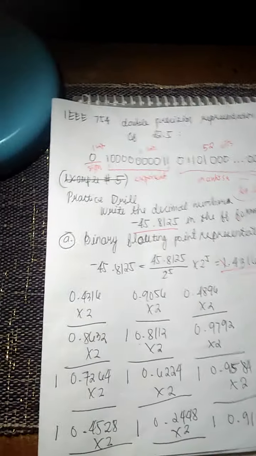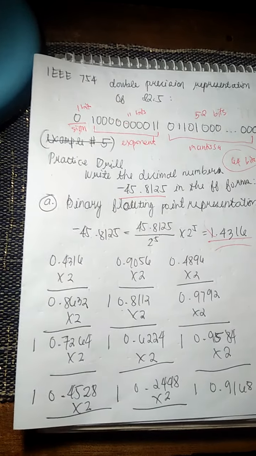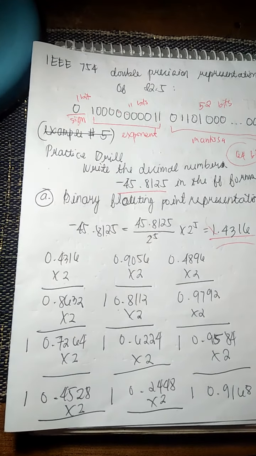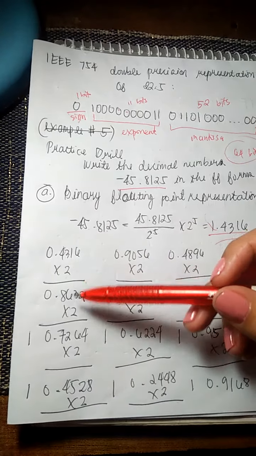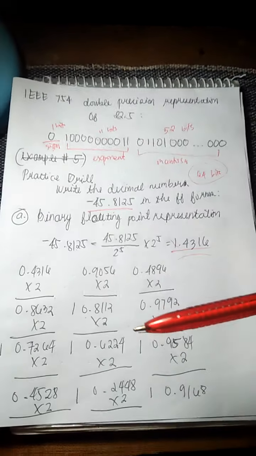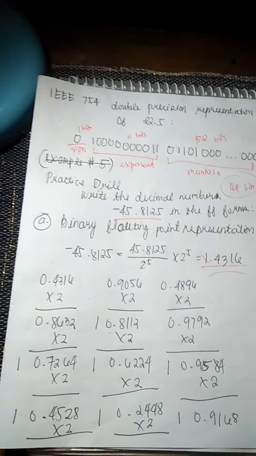Then we will get the mantissa, which is 011, by multiplying by 2 again.